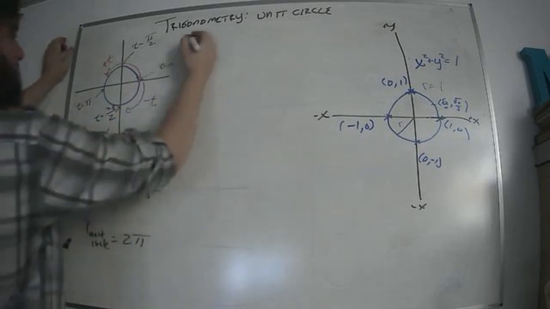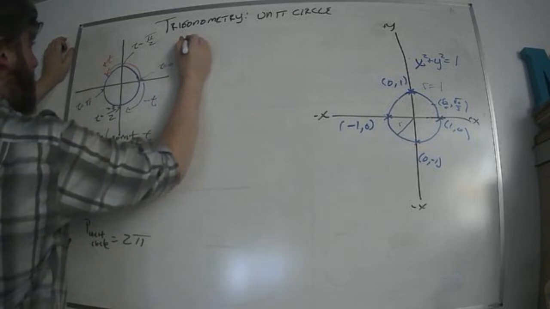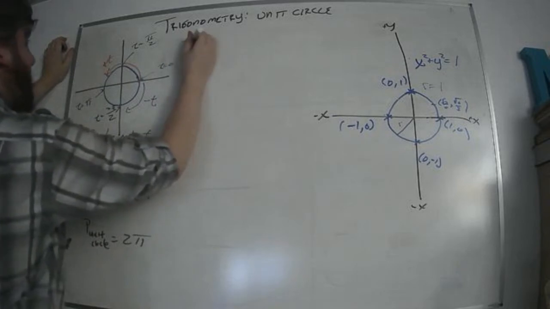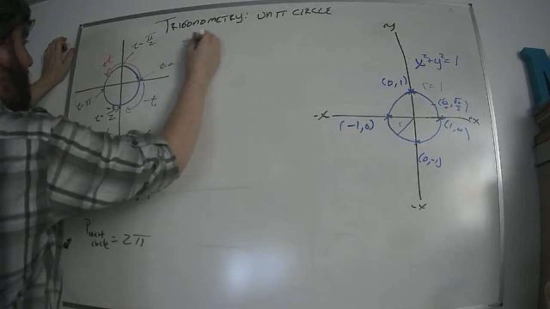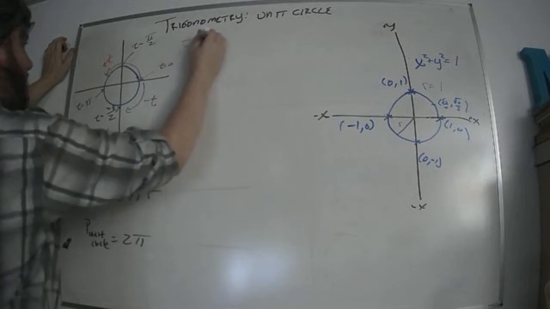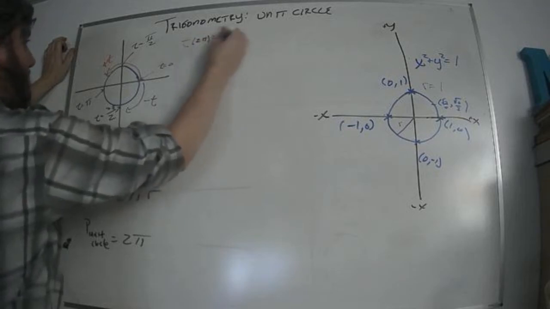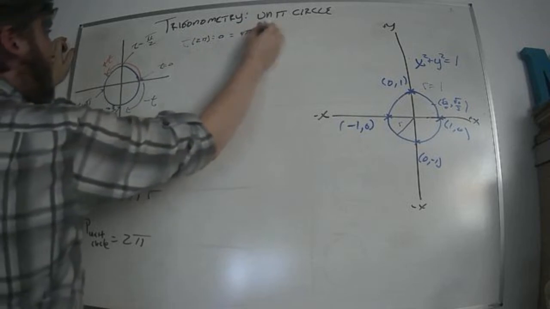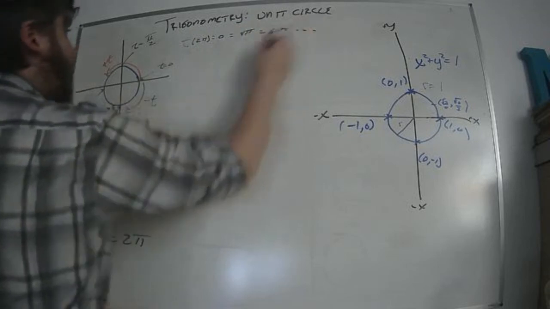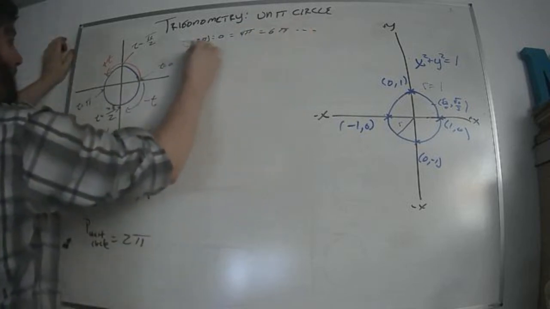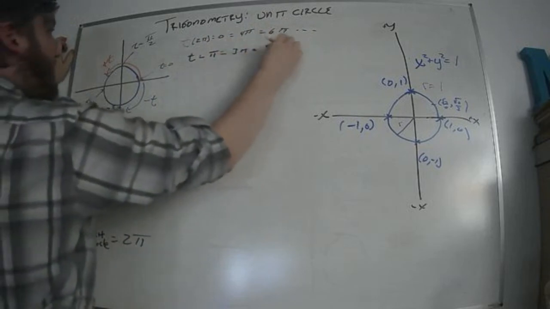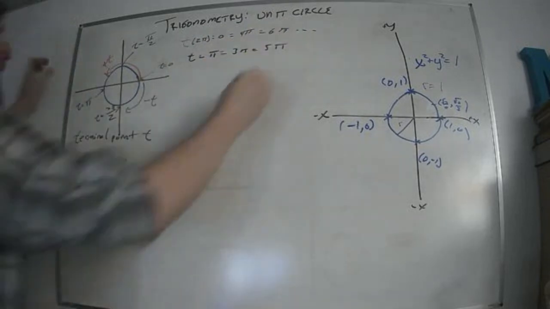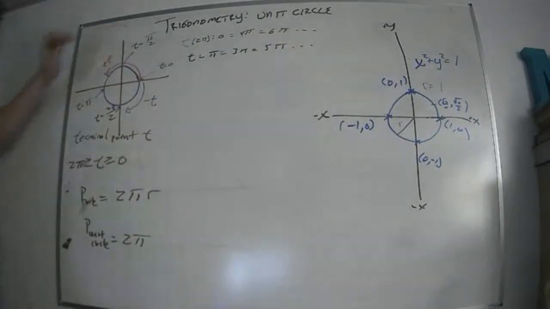So if we start thinking of it this way, I can say t equals 2 pi equals 0, equals 4 pi, 6 pi, etc. T equals pi equals 3 pi, 5 pi, etc. And the same thing with pi over 2.